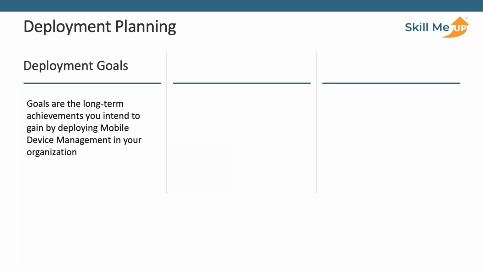These will then become the basis of a successful deployment. So for example, deployment goals are long-term achievements that you are looking to implement in order to manage mobile devices. So what's the goal here? Is it that you're trying to protect the devices and that's it? Or do you want to offer some kind of extra protections around that?